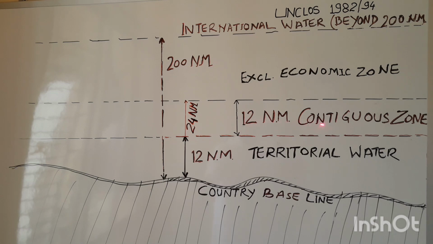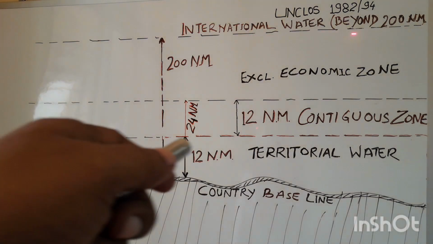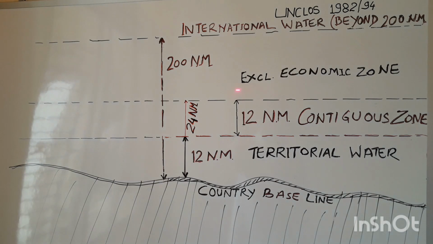Second is the contiguous zone. The contiguous zone is 12 nautical miles after the territorial water. So you can say this is 24 nautical miles from the baseline. Up to this is the contiguous zone. After this, from here you go up to 200 nautical miles, that becomes the exclusive economic zone. That is, from the baseline 200 nautical miles is the exclusive economic zone.